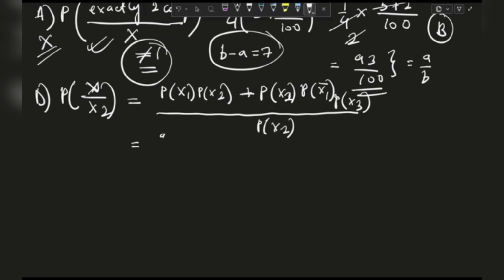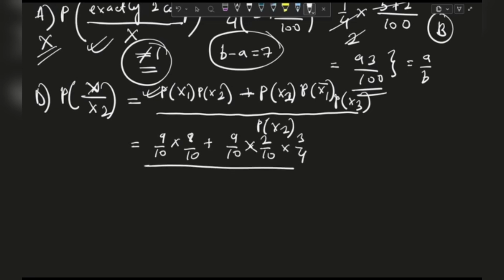I hope you guys can understand. So now we can write this as 9 by 10. I hope this part was clear. I'm not going into the explanation further because I have given it above already. This is 9 by 10 into 8 by 10 plus 9 by 10 into 2 by 10 into 3 by 4, and this thing is whole divided by your 9 by 10.